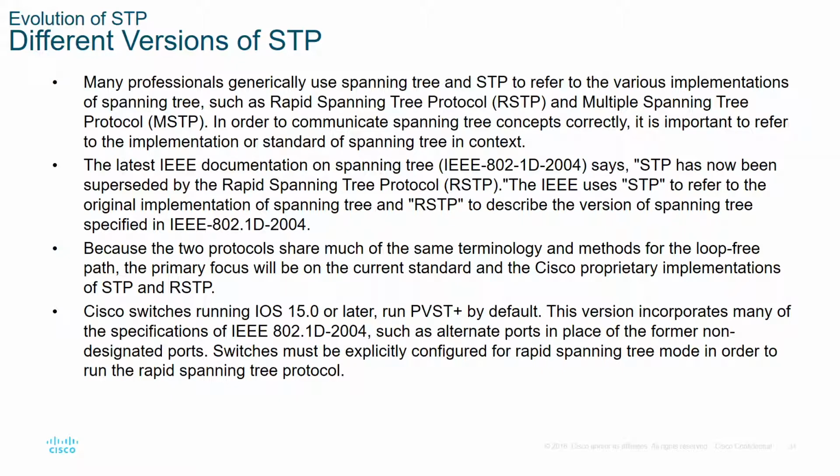In order to communicate spanning tree concepts correctly, it is important to refer to the implementation or standard of spanning tree in context. Everyone just says spanning tree protocol, but which version? Rapid spanning tree protocol or multiple spanning tree protocol? There are differences between them, and it's important you have that context.